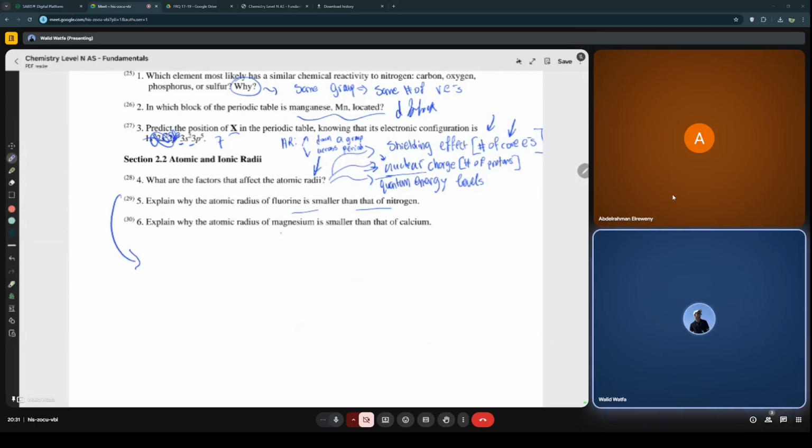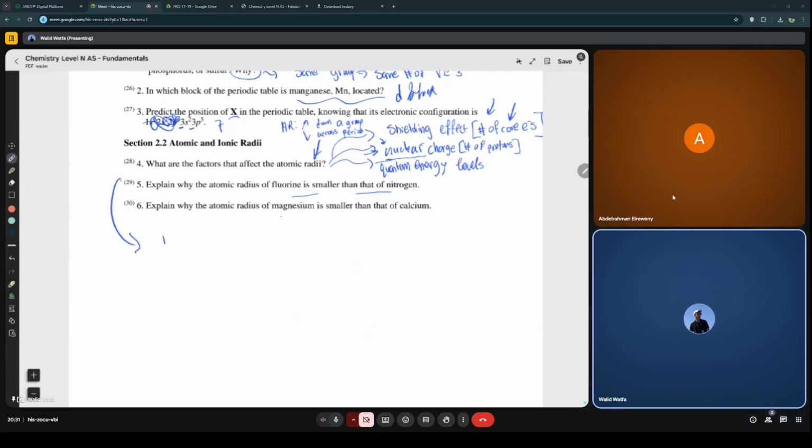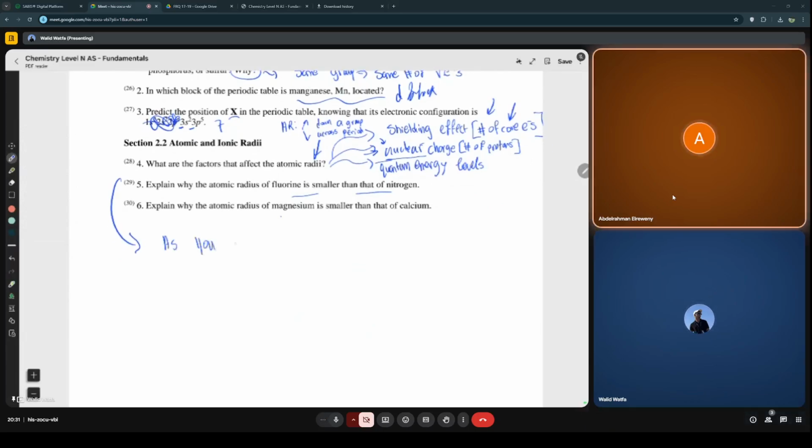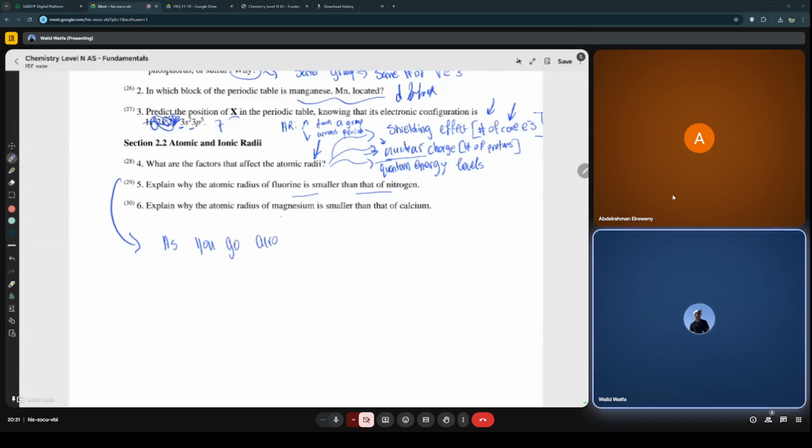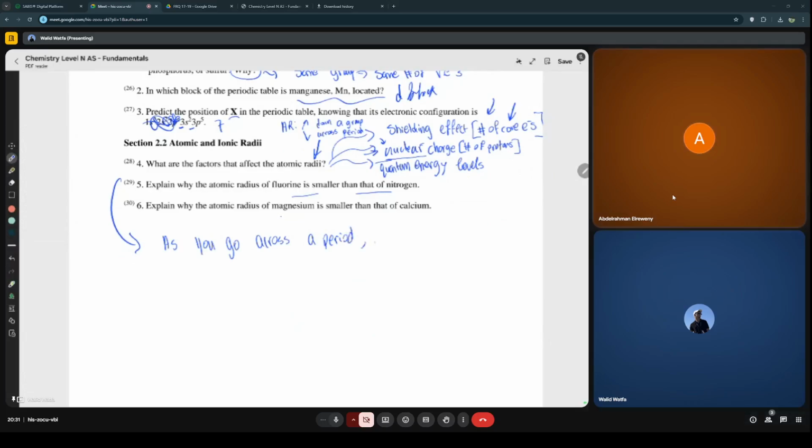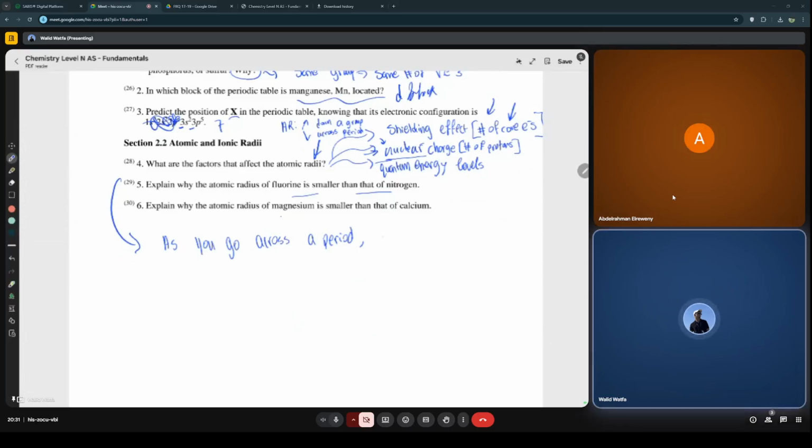So, let's explain. As you go across a period. Do I need to specify what stays the same? Let's think. As you go across a period, let's put in brackets N and F are both period 3. Since we're comparing two elements, I need you to be very careful, and I'm speaking from experience.